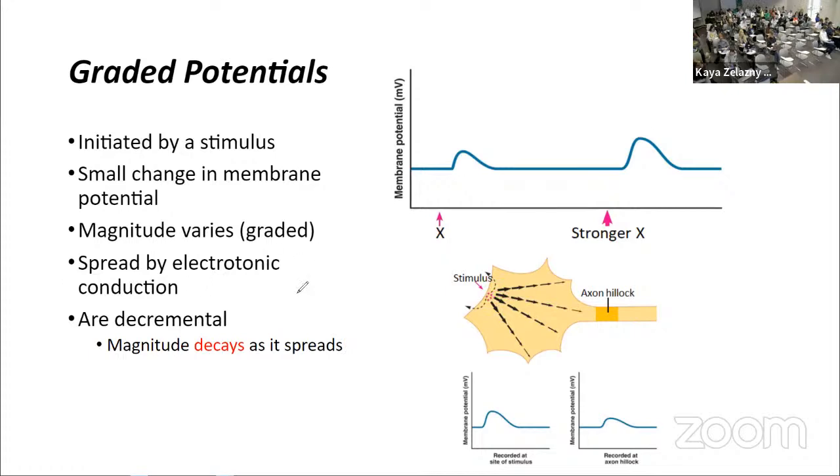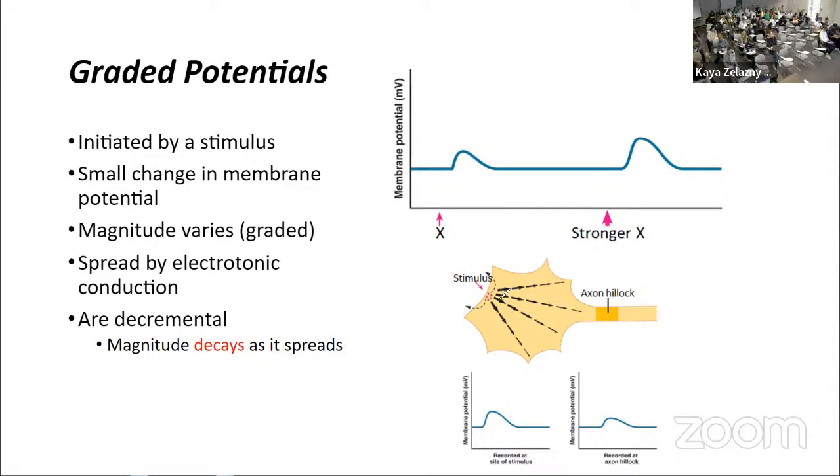Graded potentials are spread by electrotonic conduction. Basically, we're just saying they're spread by changes in the ion levels. Essentially, that's good enough for our understanding of that concept. But we do want to know that they decay in strength as they move away from that original spot. So they're decremental, they're decaying.